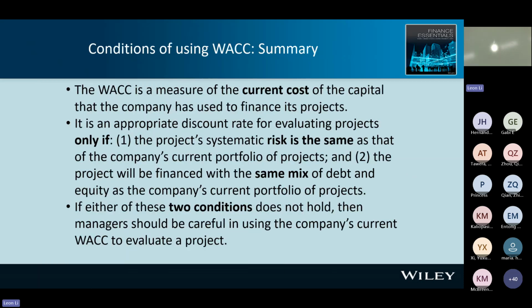Okay, so we have the final PowerPoint slide. The WACC is the measure of the current cost of the capital that the company has used to finance its projects. It's a current cost, right? So it is an appropriate discount rate for evaluating a project only if, one, the project's systematic risk is the same as that of the company's current portfolio of projects, and two, the project will be financed with the same mix of debt and equity as the company's current portfolio of projects.